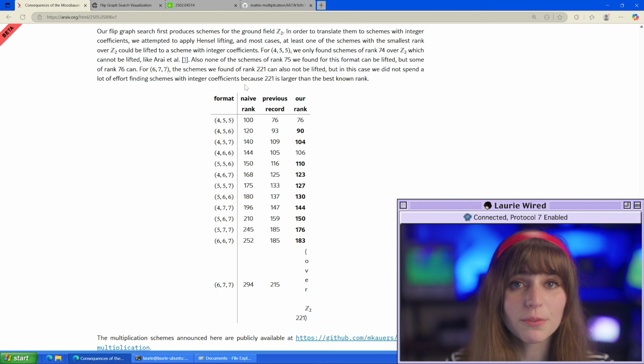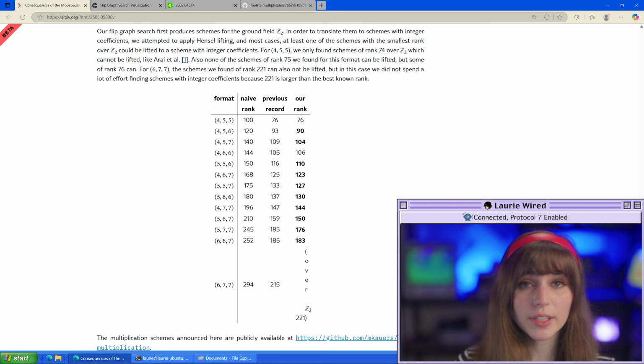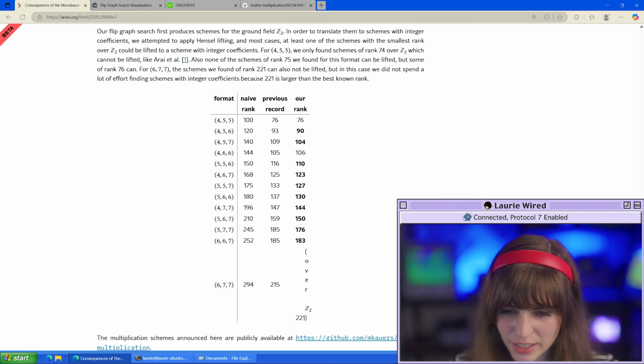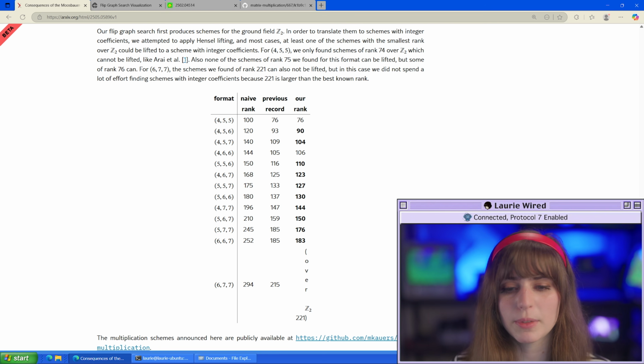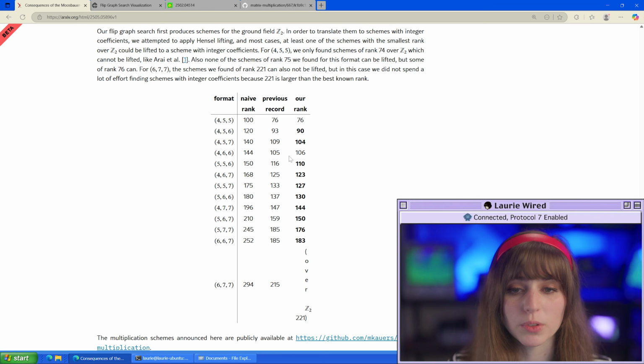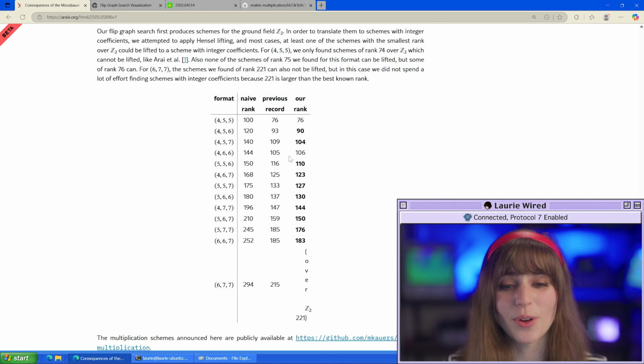So we have our naive rank, which is going to be the most dumb, least optimal way of multiplying these matrices, plus the previous record for multiplying these matrices together. And I think some of the most impressive ones can be found down here. You can see they don't always find a more optimal strategy with their flip graph search algorithm, but they do often, for the most part, find these new optimal algorithms.